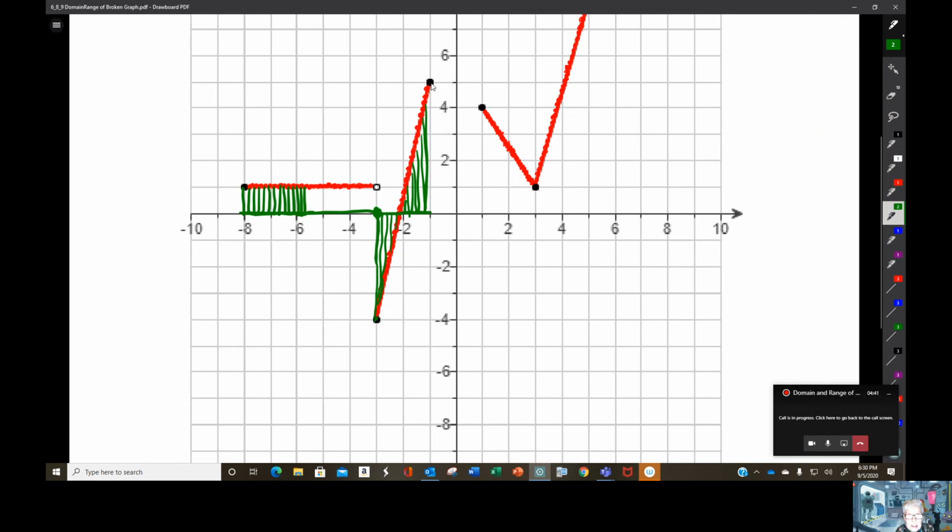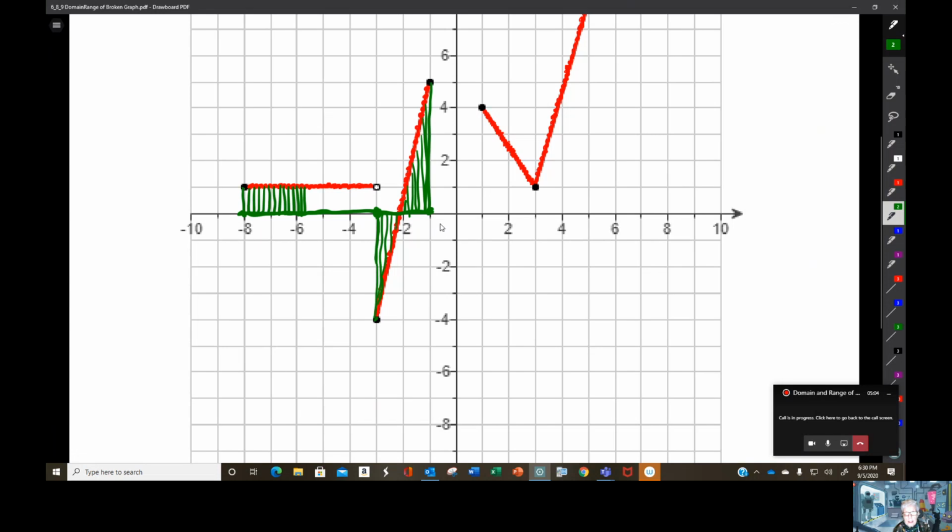And then this is a solid point, so there you go. This is actually a solid green line with no breaks in it to there.